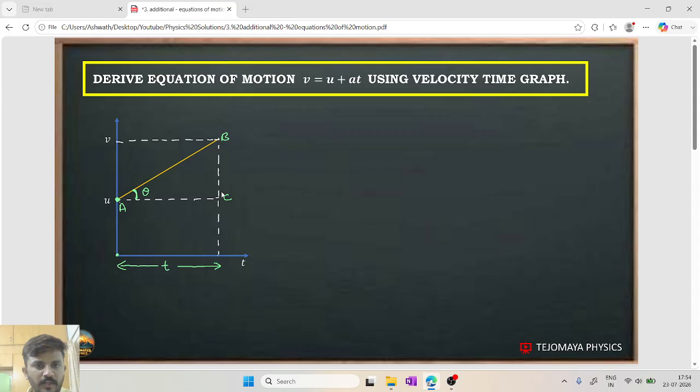Now we know that the slope of the velocity versus time graph gives acceleration.